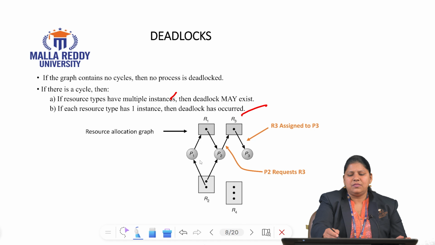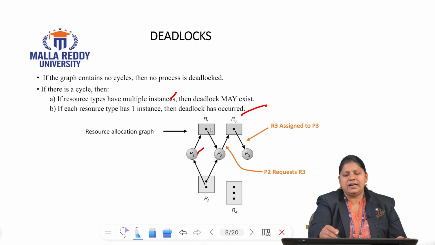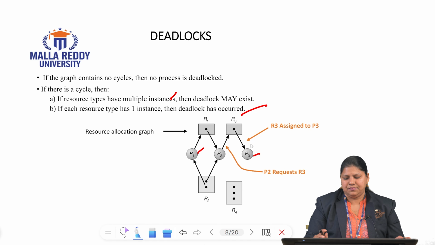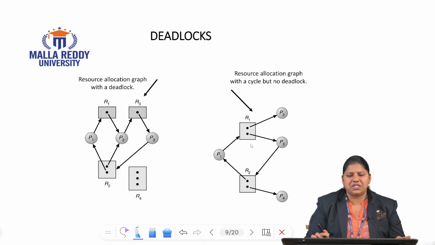In this diagram, P1 requested R1 and R1 is assigned to P2. P2 again requested R3 and R3 is assigned to P3. So this is a deadlock situation.